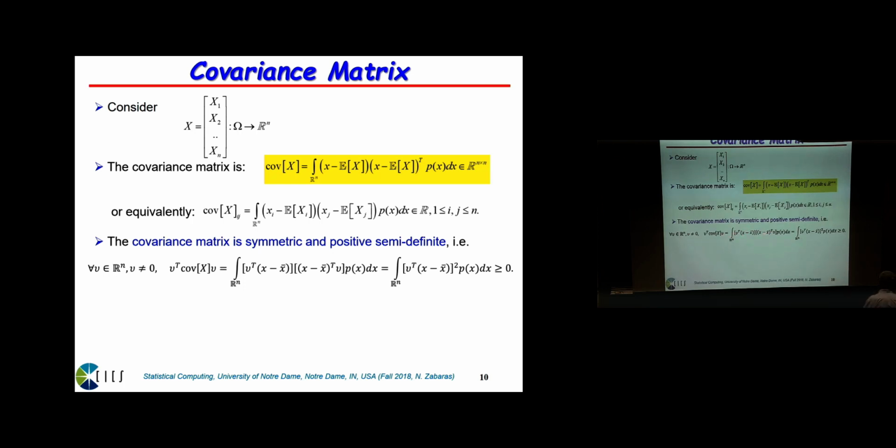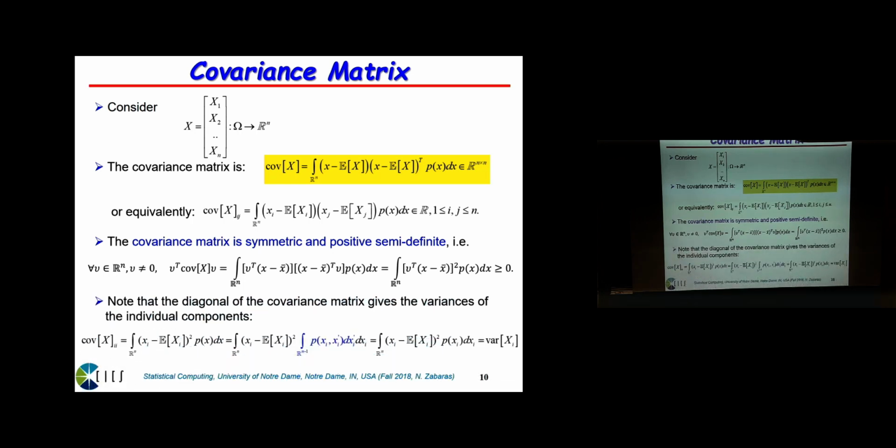And effectively what you get is a scalar, V transpose (x minus the expectation of x), squared, times p of x dx. This is the expectation of x, by the way, my shorthand notation so the equation fits in one line. So this is a scalar square, non-negative, so you get non-negative. Okay? So the covariance is a symmetric positive definite matrix.